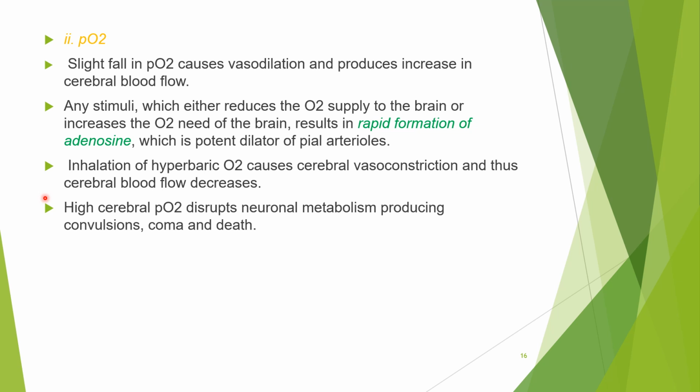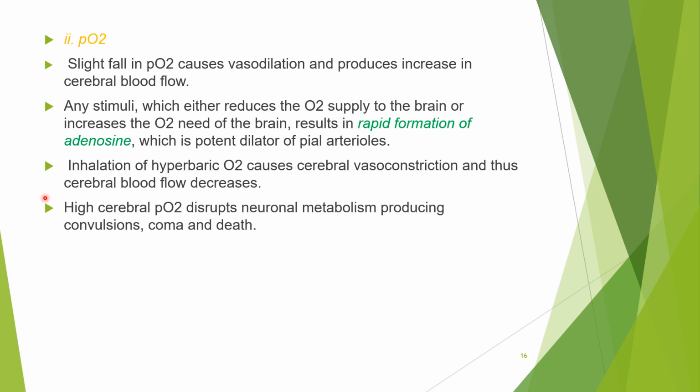So if there is any substance that increases the acidity of the brain, that is, it increases the H plus ion concentration in the brain, what will it cause? It will cause cerebral vasodilatation and increase the cerebral blood flow. Some such substances are lactic acid, pyruvic acid, or other acidic compounds formed from metabolism. They will cause cerebral vasodilatation.